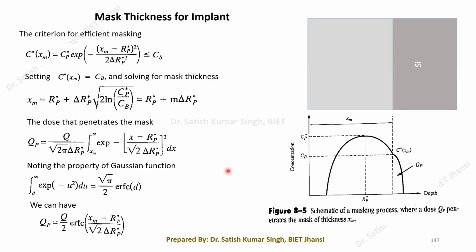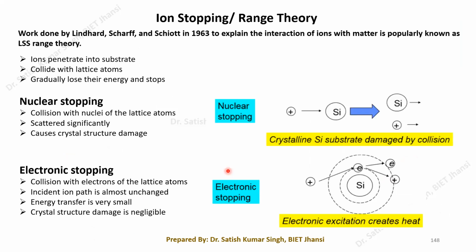Now, as I said, this ion has to stop somewhere. The target material, which is our substrate, is already made up of silicon. If it is already doped, then it also contains a certain doped material.